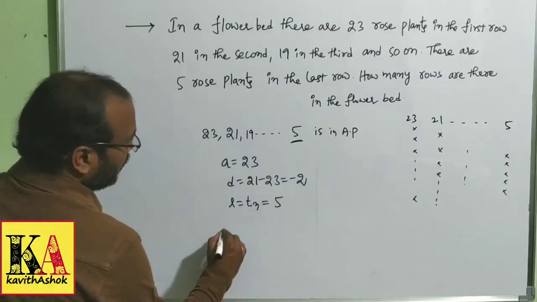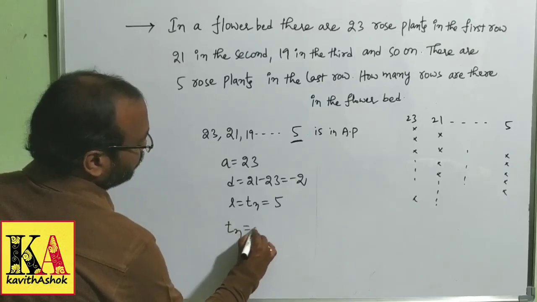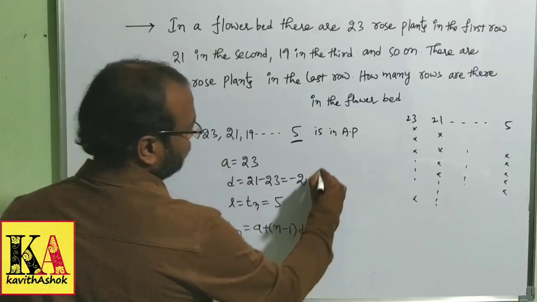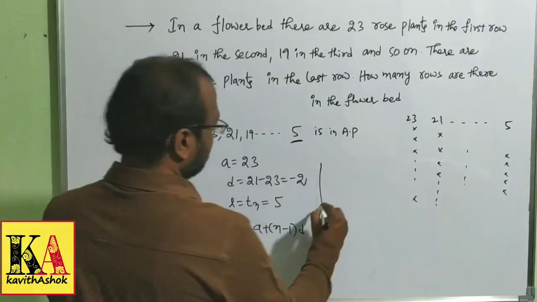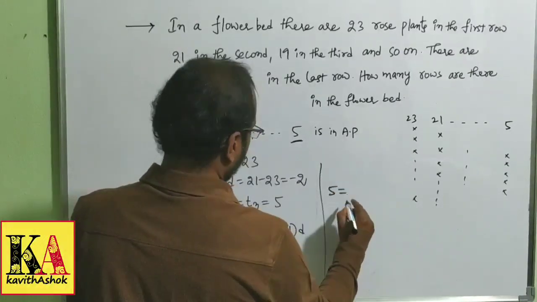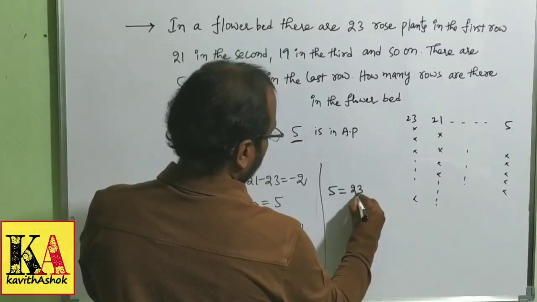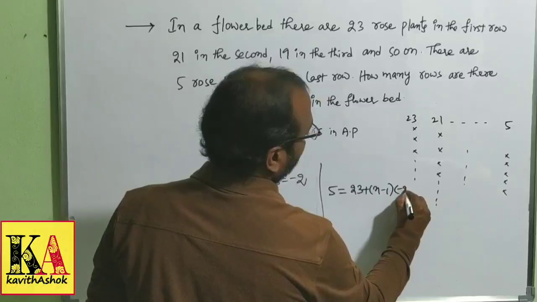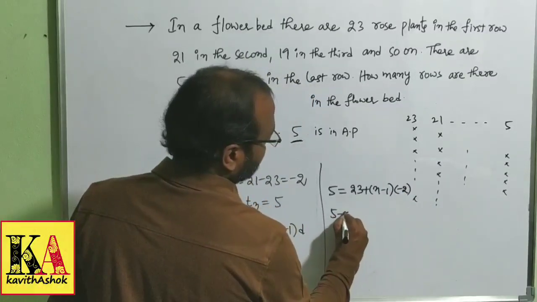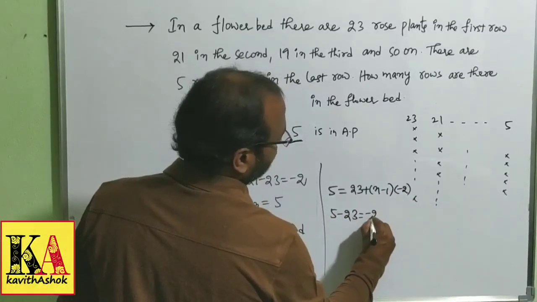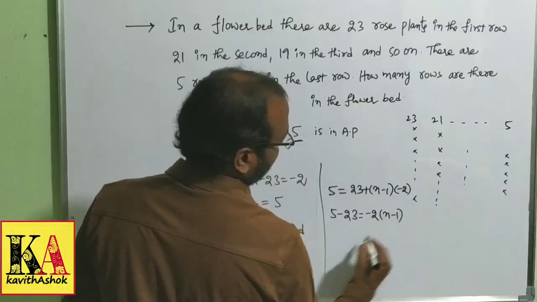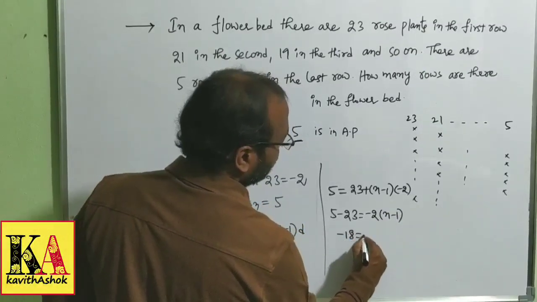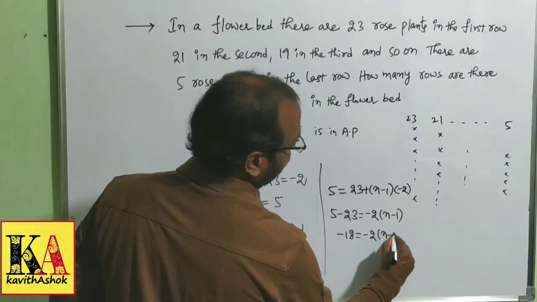We know that Tn is equal to A plus n minus 1 into D. So the last term 5 is equal to 23 plus n minus 1 into minus 2. So 5 minus 23, that is minus 18, is equal to minus 2 into n minus 1.